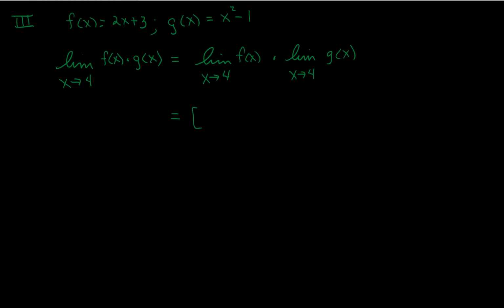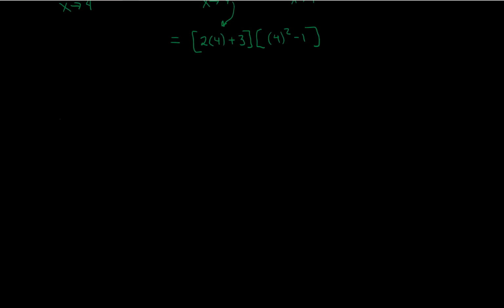So that's going to be 2 times 4, because x is approaching 4, plus 3, times... Remember, this first part is from the limit f of x times the limit g of x. That's going to give us this 4 squared minus 1, like that. And we can evaluate these, and we're going to have 11 times 15, which is 165.